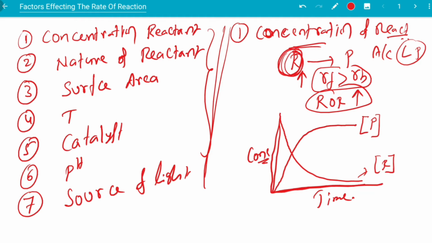If the concentration of reactants is increased, the rate of reaction will be more. According to Le Chatelier's principle, the reaction moves towards the right side, which is more favorable for formation of products, and the rate of reaction will be high. That is the effect of concentration of reactants.